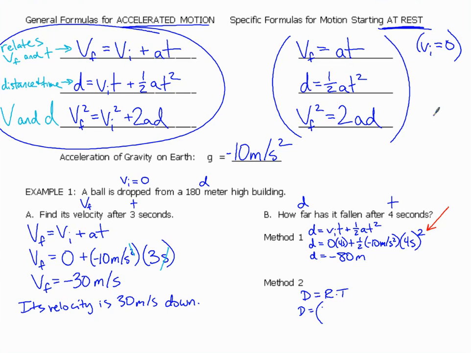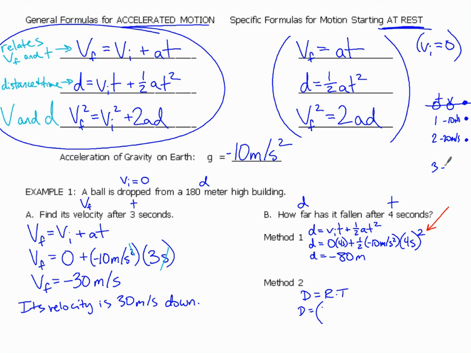So let's draw a little something along the margin here. Time, velocity, and this is going to be a ball that's falling. At time 0, its velocity is 0. Here's the ball. Time 1 second, it is now moving at negative 10 meters per second, and here's the ball. Time of 2 seconds, negative 20 meters per second, and here's the ball.